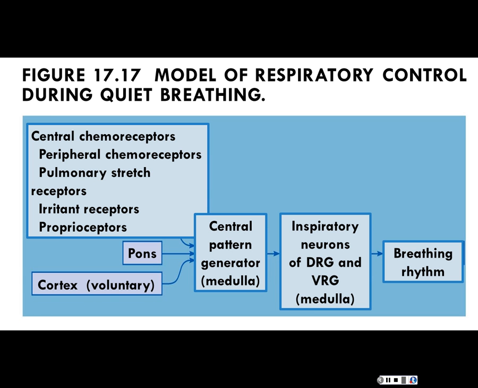And just like many of the other organs that we've seen this semester, the respiratory system is dually innervated. Sympathetic nervous system increases respiratory activity. Parasympathetic nervous system decreases respiratory activity.